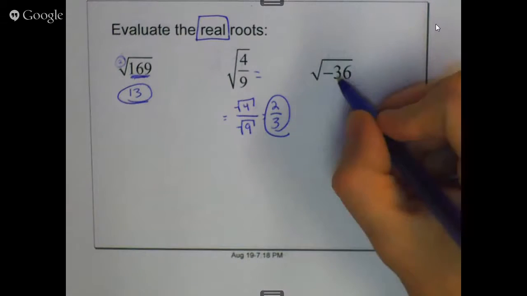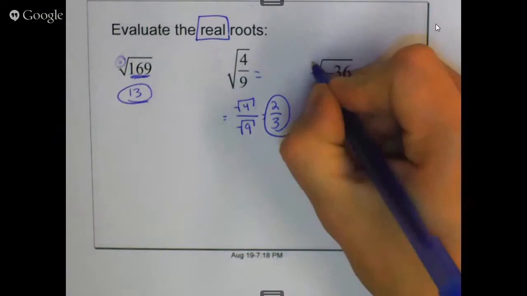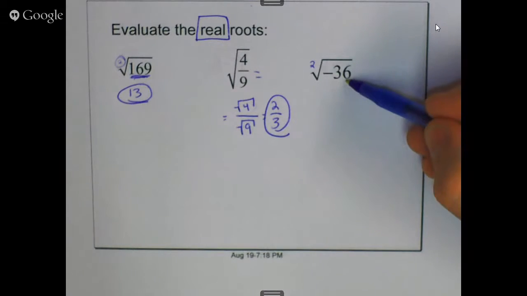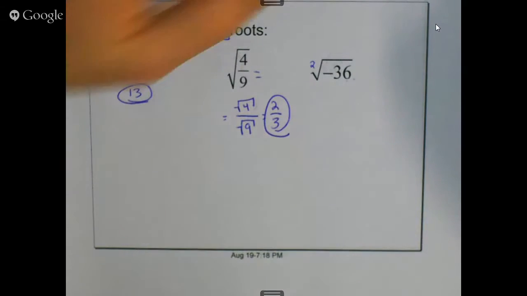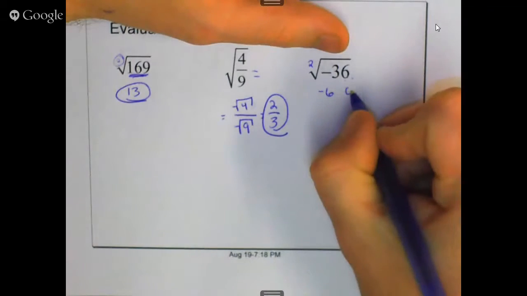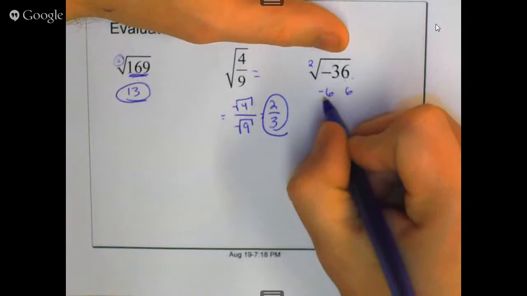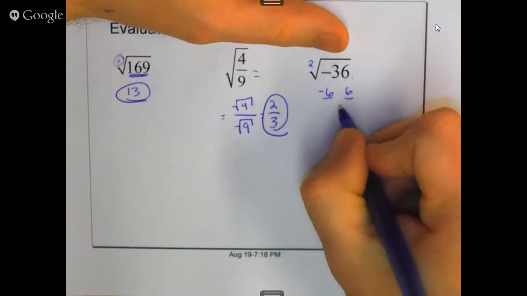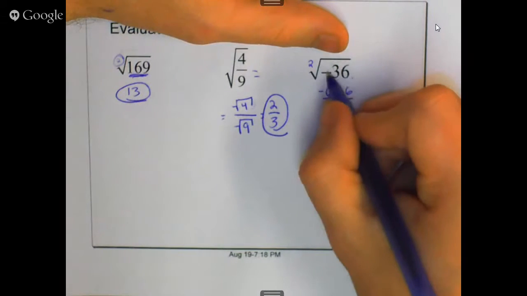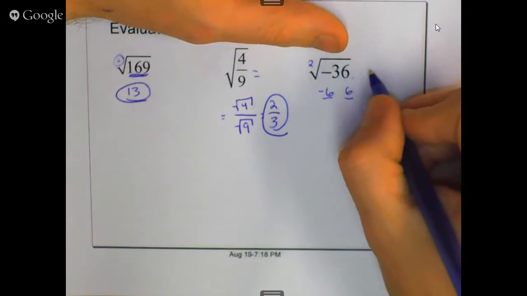With the square root of negative 36, again, there's a 2 right here. So what number times itself will give you a negative 36? Now, it's got to be the same number. So you might say, well, negative 6 times 6. Well, see, these two numbers are not the same. Therefore, I can't have the square root of negative 36 being plus minus 6.